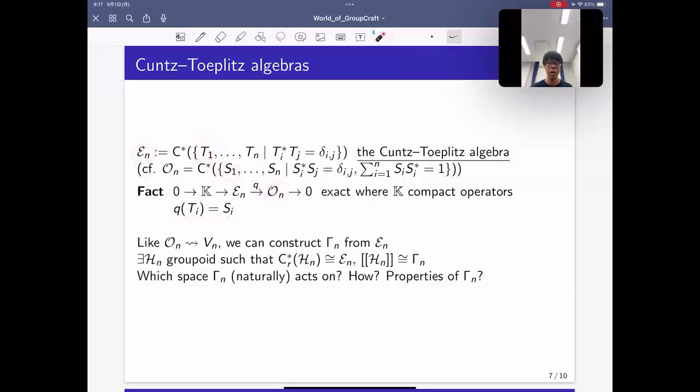Its kernel can be computed, and it is the algebra of compact operators.